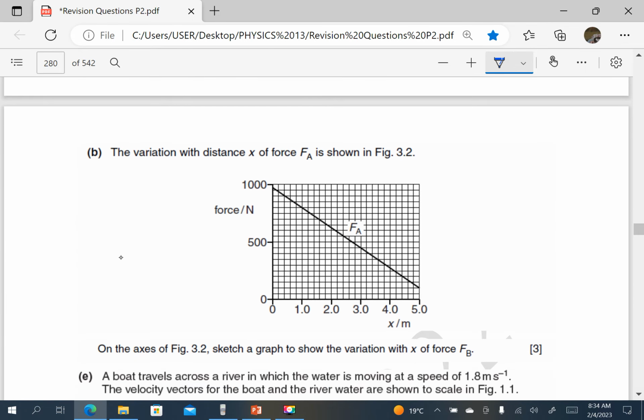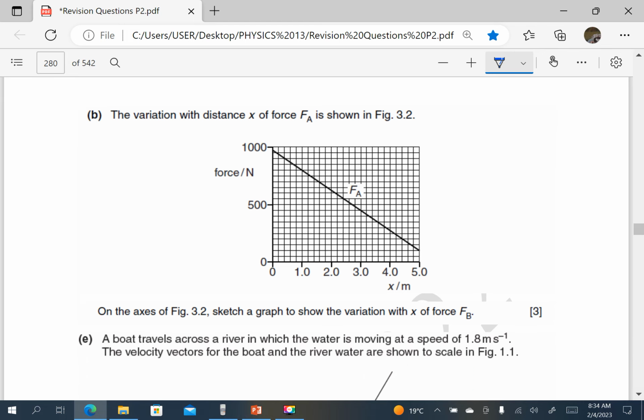The variation with distance x of force Fa is shown in the figure. So we can see the variation. I think this is the variation of Fa.